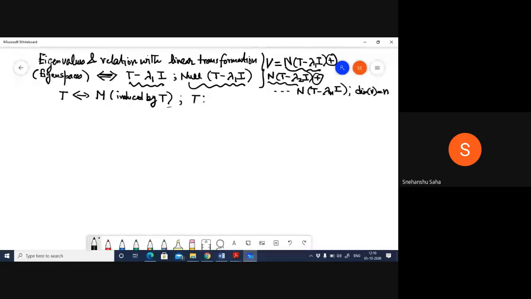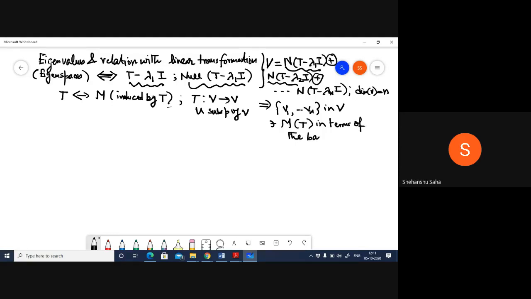So if you have this vector space, a linear operator, and U is a subspace of V, then there is always a basis V1 through Vn in V, such that you can represent the matrix of T in terms of the basis V1 through Vn.